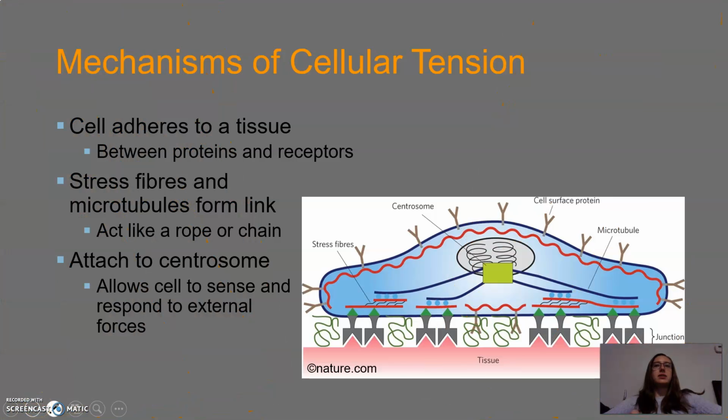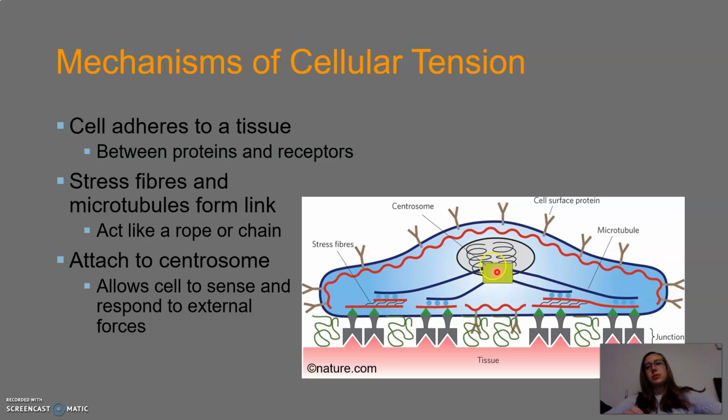So what are the mechanisms of cellular tension? How does this cell specifically adhere to this tissue? The cell adheres to the tissue by a direct link between proteins, which you can see in this gray here, which connect to receptors on the tissue, in the pink triangle. These proteins then connect to stress fibers, which connect to microtubules.